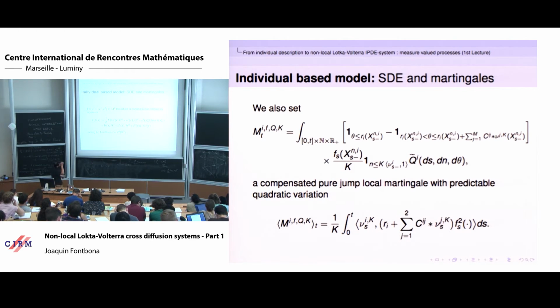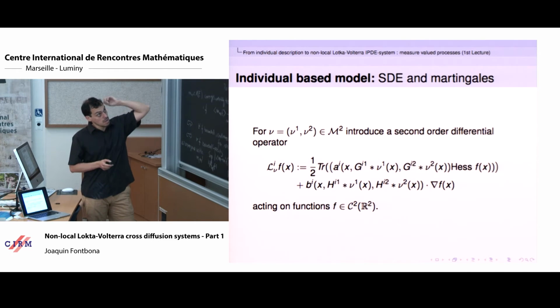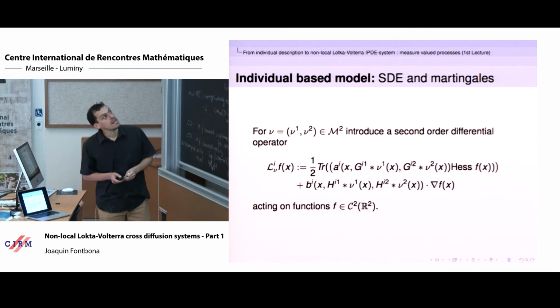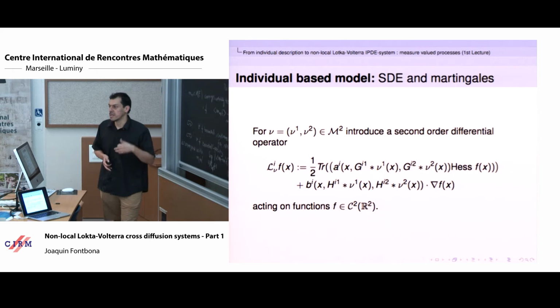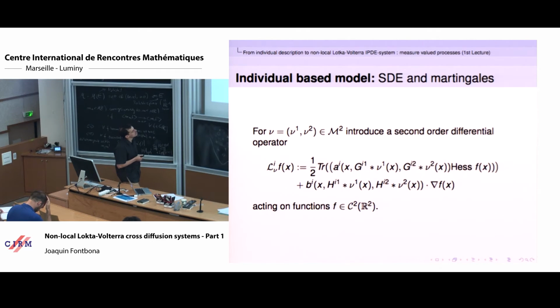Okay, and I will introduce some notation. This is a short notation for what I will see in the diffusion part when I take test functions of my process. So I will denote by L_i nu applied on F this second order differential operator. This is really the standard parabolic differential operator.